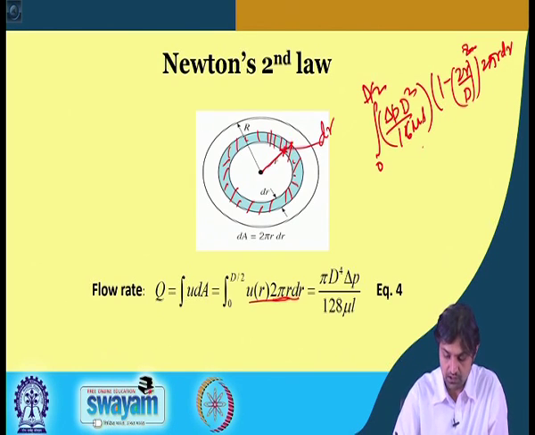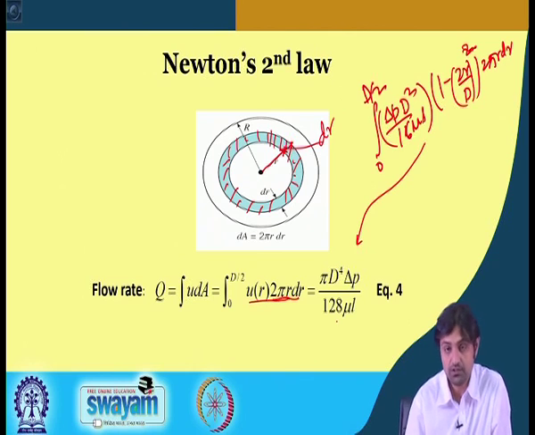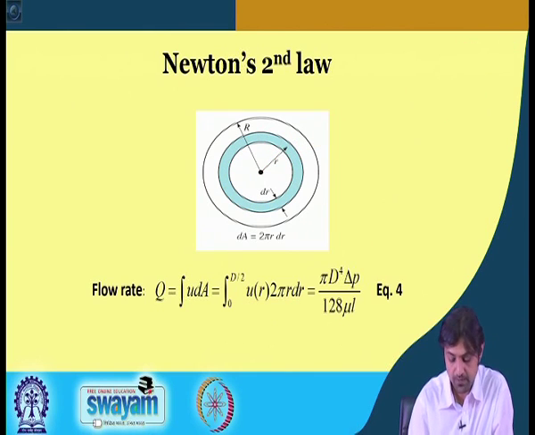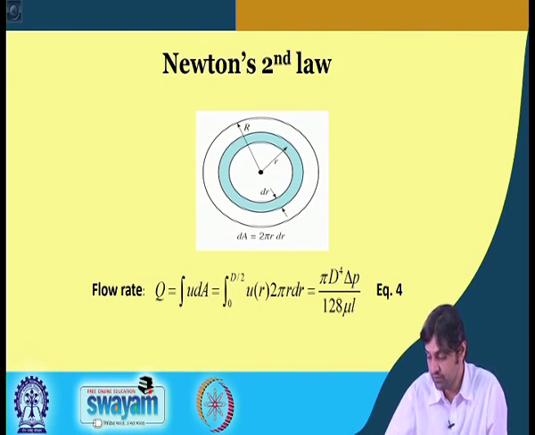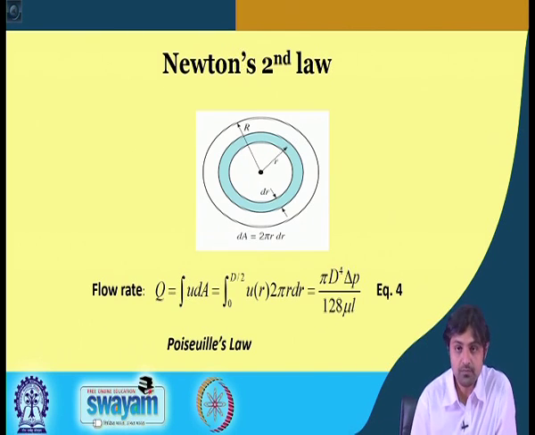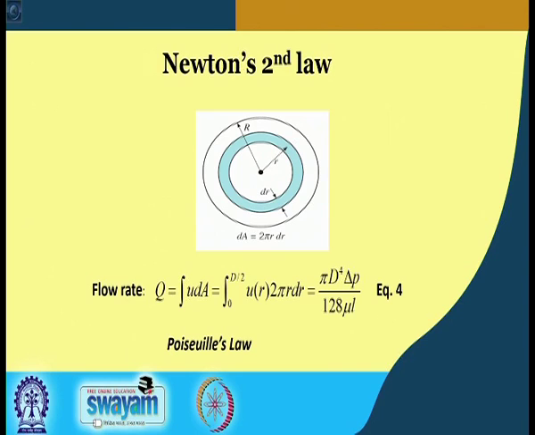On integration we will come up with this equation: pi d to the power 4 delta p by 128 mu l. This is the flow rate Q in the entire pipe. This is termed as equation number 4, and this particular flow rate Q is called Poiseuille's law.